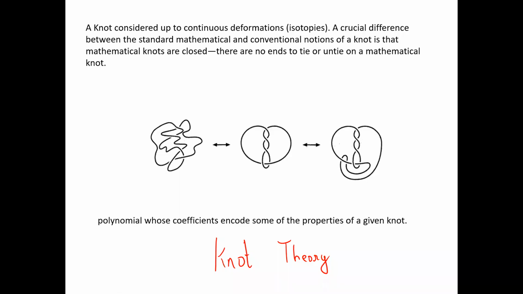But if you have to cut it open to untie that knot, then it's called a knot. So let me write that out. It is a knot when it can be untied only by cutting open the string.